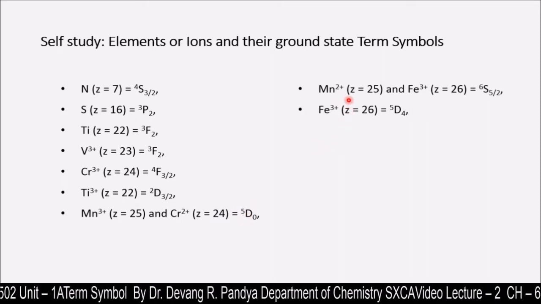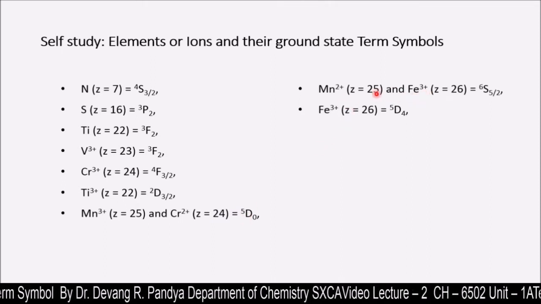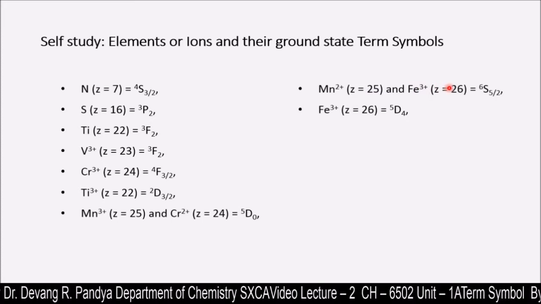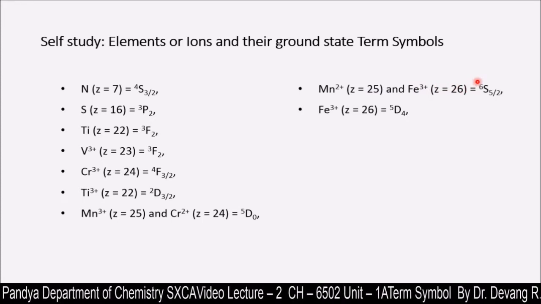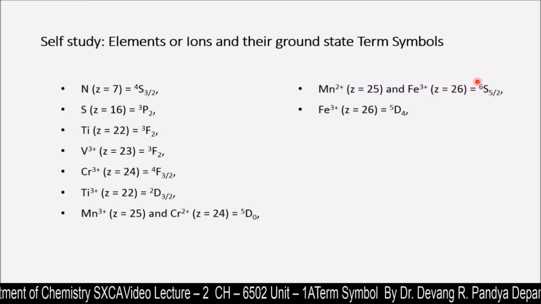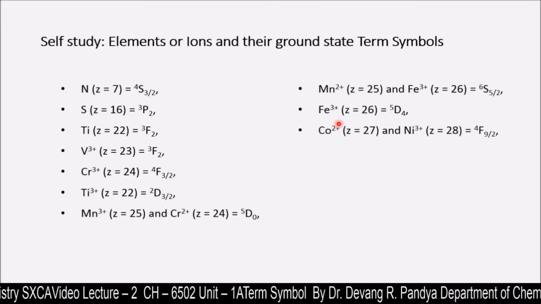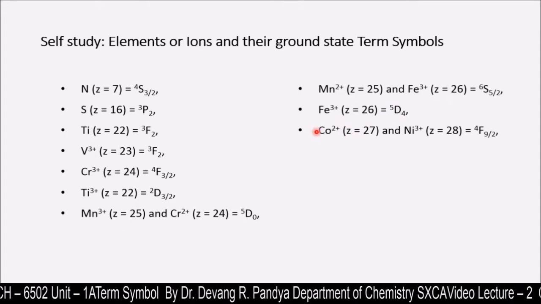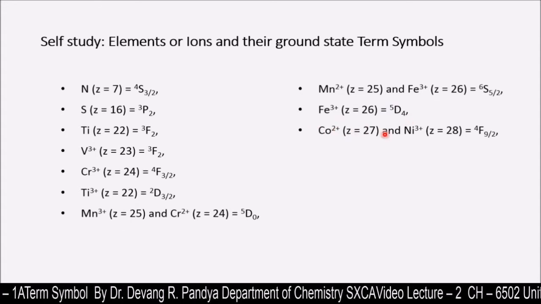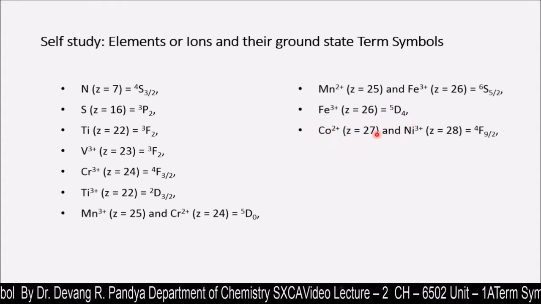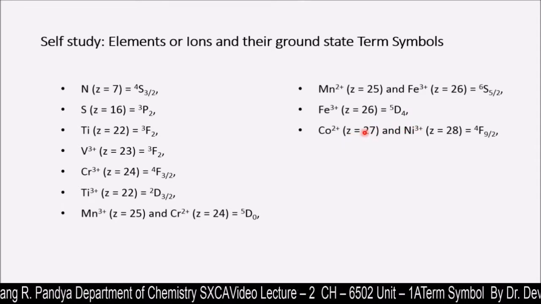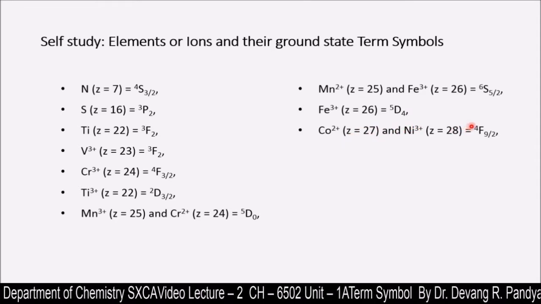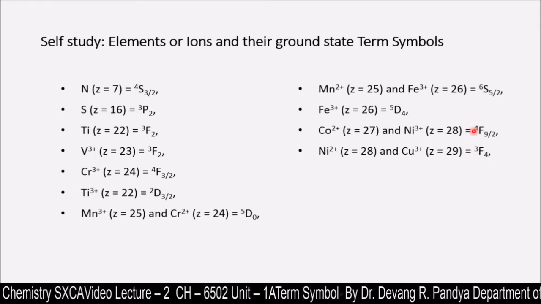For manganese plus 2 and iron plus 3, because the electronic configuration is similar, the ground state would be sextet S 5 by 2. For iron plus 2, we have 5D4, quintet D4. For cobalt plus 2 and nickel plus 3, with equal electronic configuration, an isoelectronic arrangement, we have quartet F 9 by 2 as the ground state term symbol.